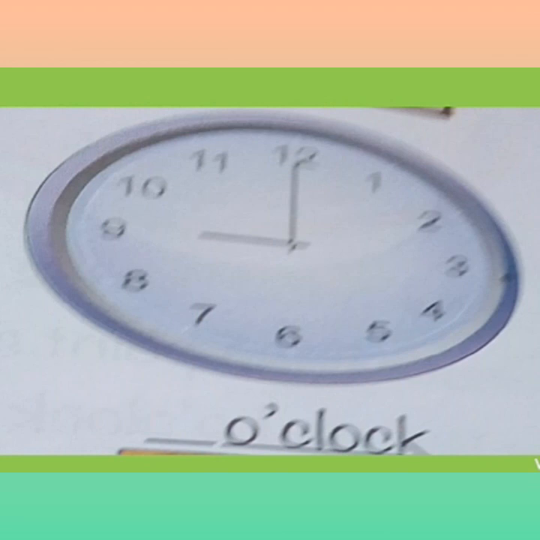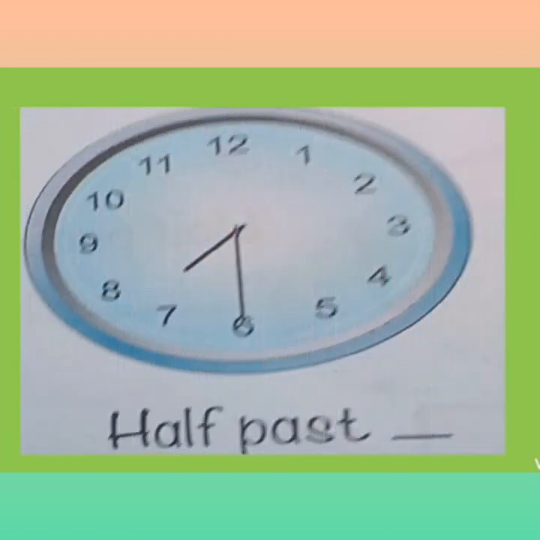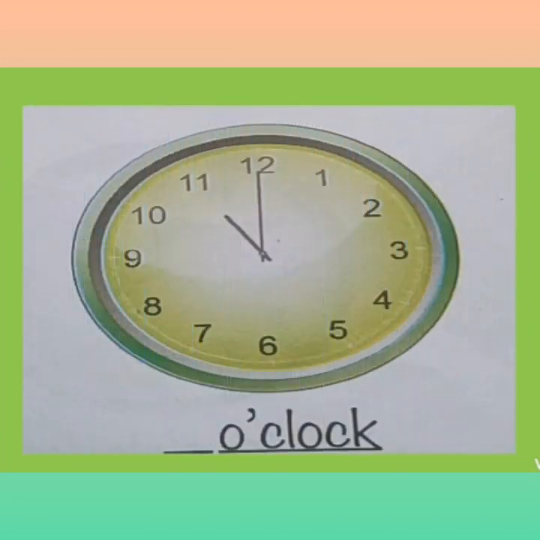The long hand is at 12 and the short is at 9. You know the answer. What is the time? The long hand is at 6 and the short is in between 7 and 8. You know. Then the last one here, the long hand is at 12 and the short is at 11.